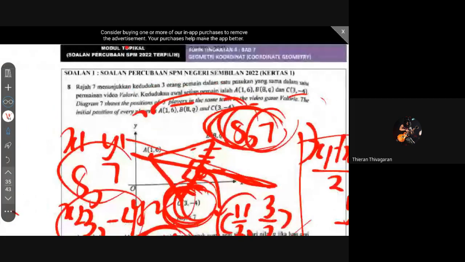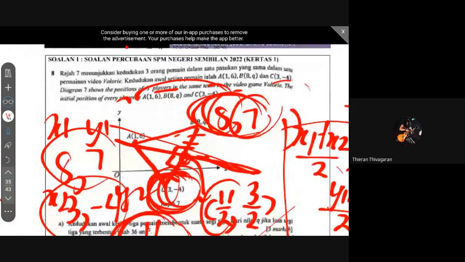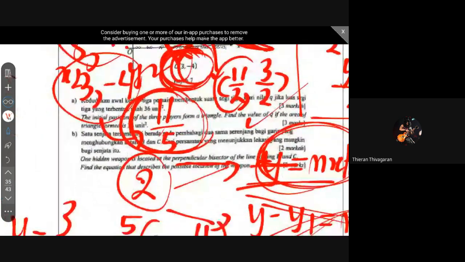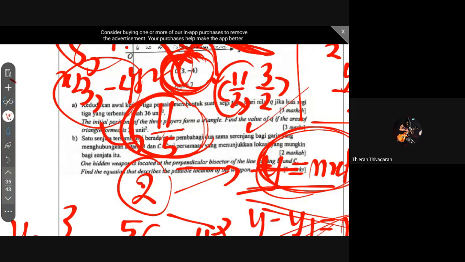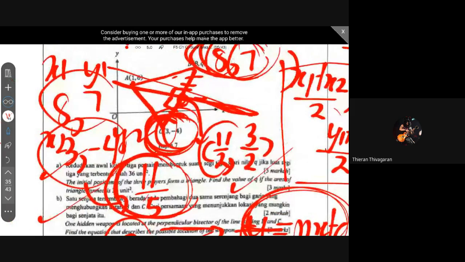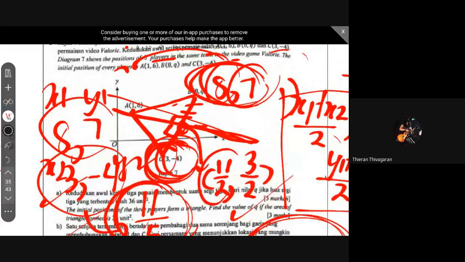This question. Which question? 8A or 8B? Soalan mana you don't know? A or B? B. Oh. Basically, sorry guys, I need to explain also, although one person only asked.